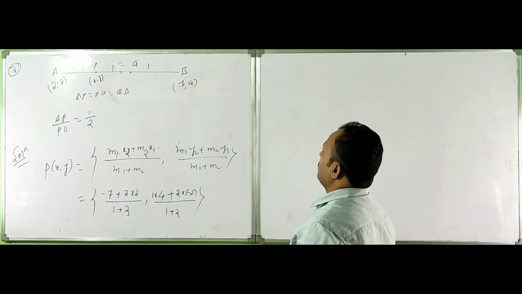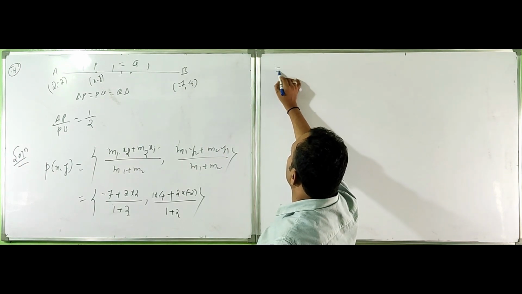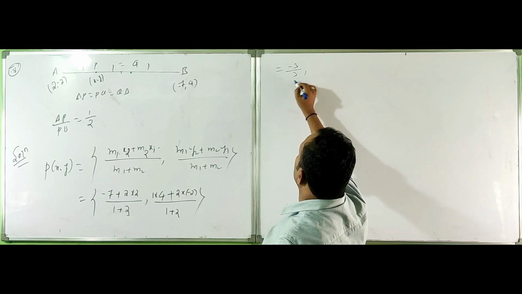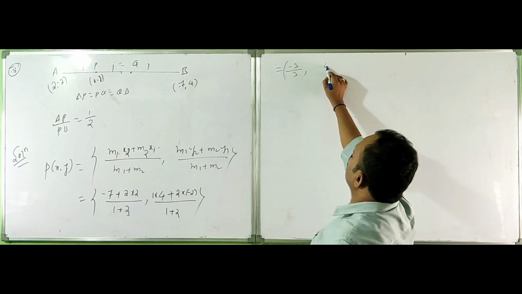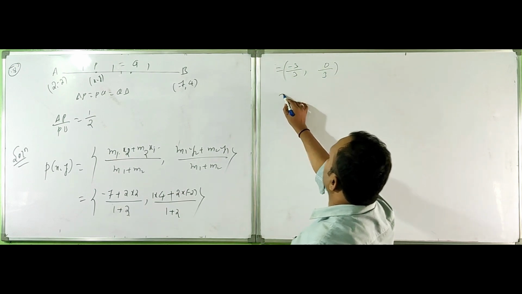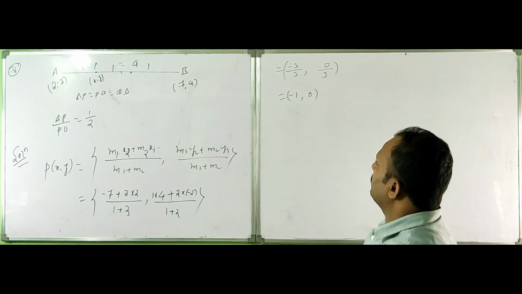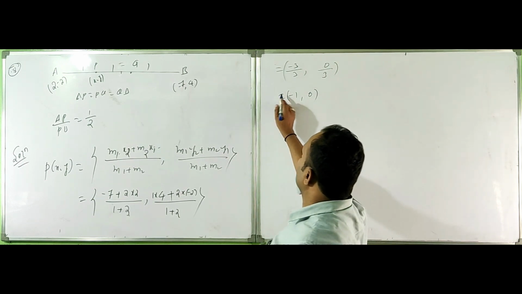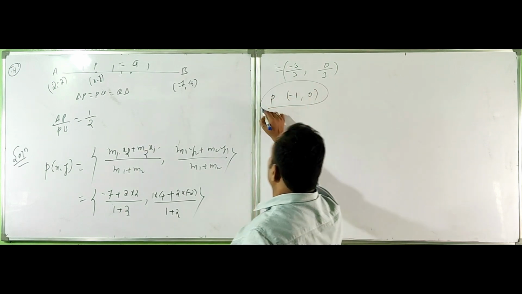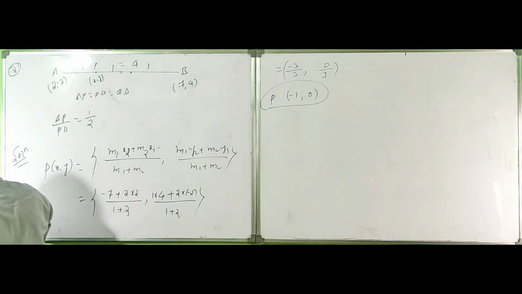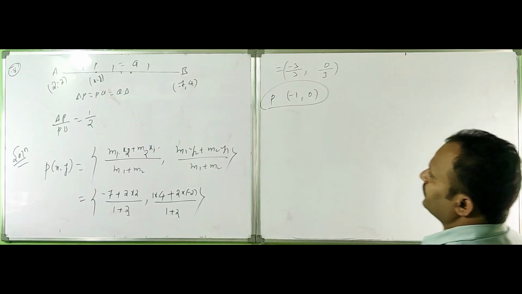And 4 minus 4 is 0, 0 by 3 is 0. So P becomes (minus 1, 0), and the answer here is also minus 1, 0. Then what about Q?